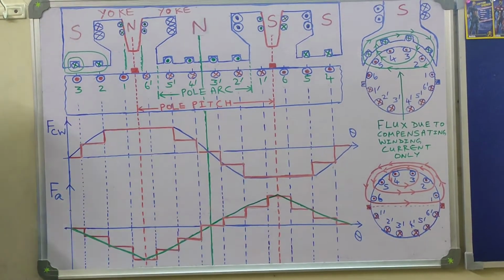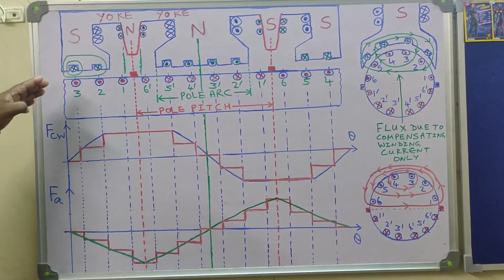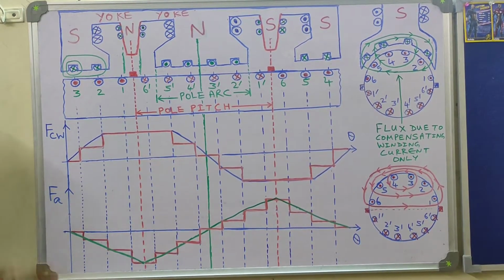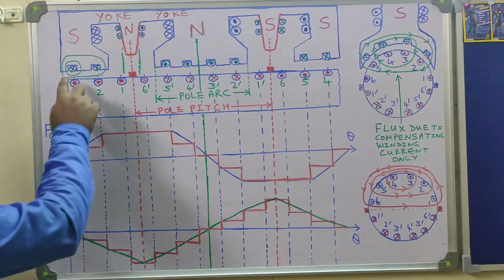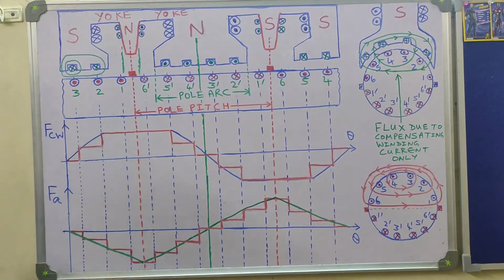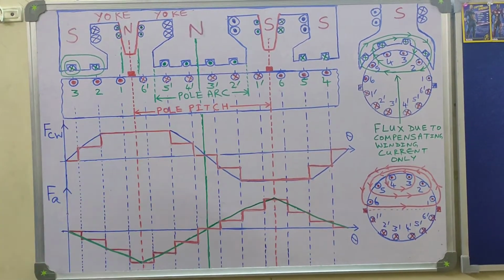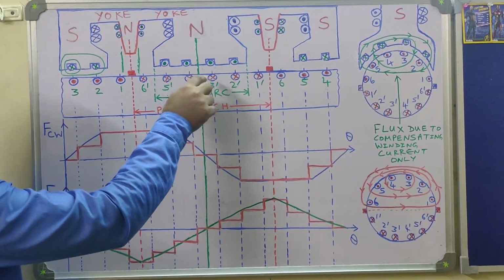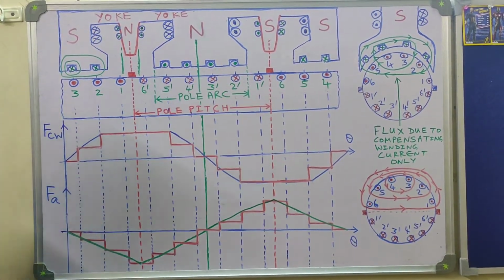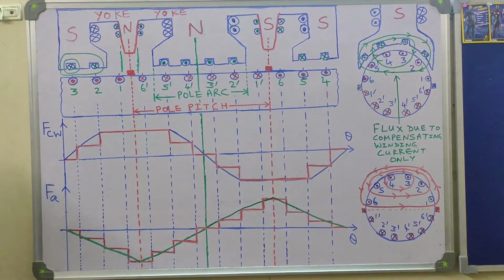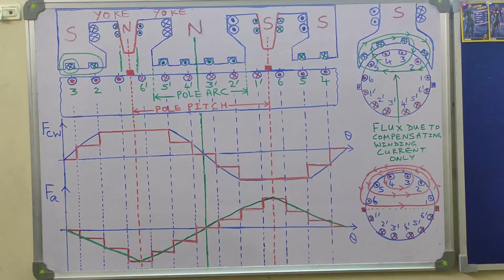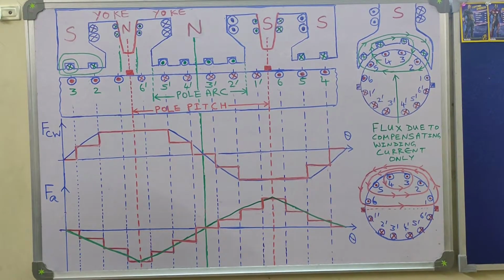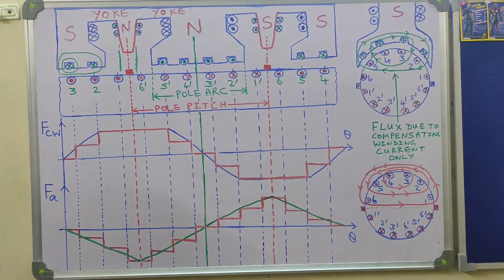Now, you can look at the diagram and try to figure out for yourself that these compensating windings or the compensating conductors are placed along the pole faces or the pole shoe. So what has to be done? A slot has to be created along the pole faces.